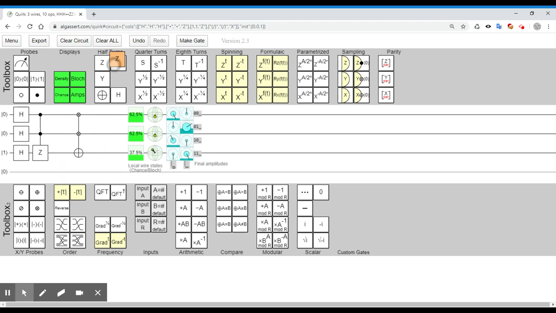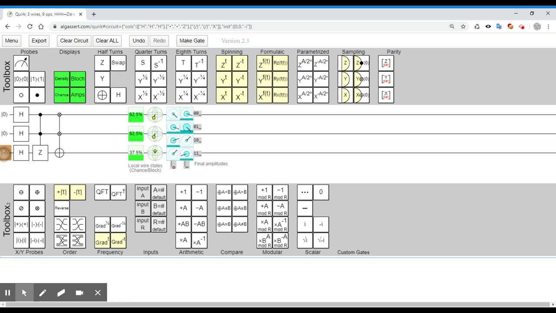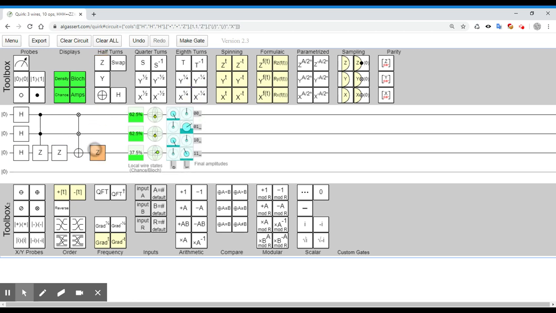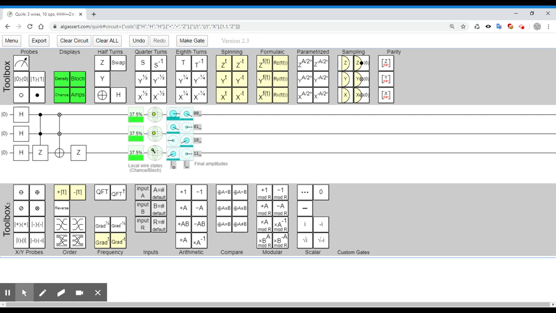No, why? Oh, sorry. If I would start with zeros, I would probably have to surround that with Zs. No, or with X. I'm stupid.